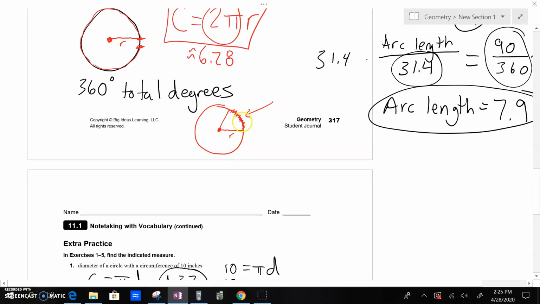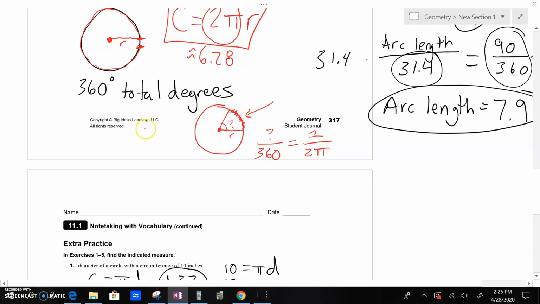So you think about, well, how many degrees would that be? Let's say we did an unknown amount of degrees divided by 360, so part divided by whole, equals, we just said we did one radius length, and we know there are 2 pi of them in the circle.